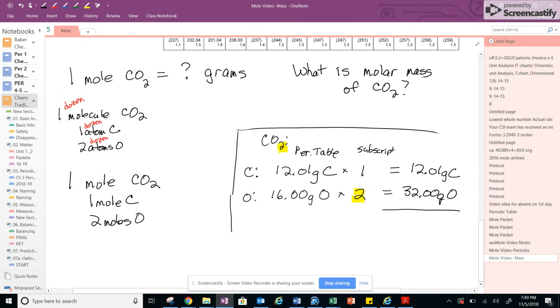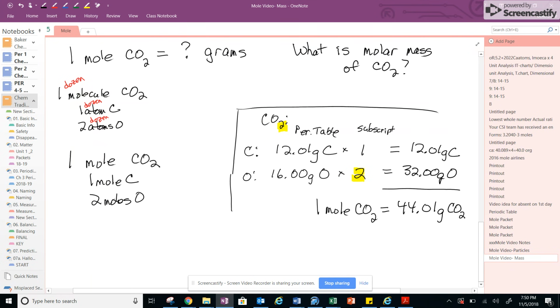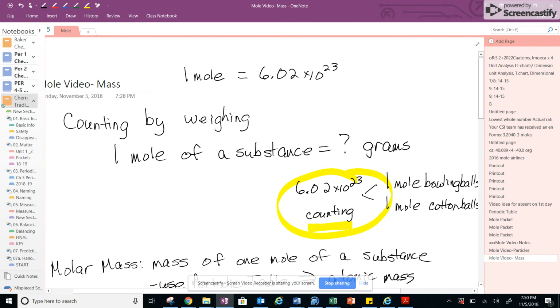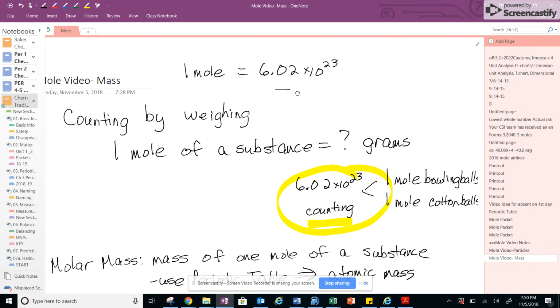If I add all of this up, 1 mole of CO2 has a mass of 44.01 grams. Another way of saying this is CO2's molar mass is 44.01 grams per mole.